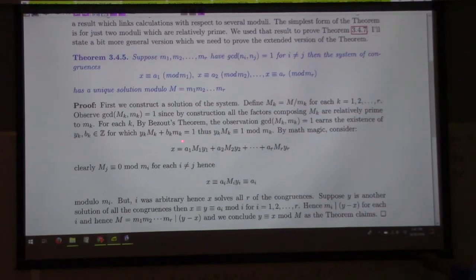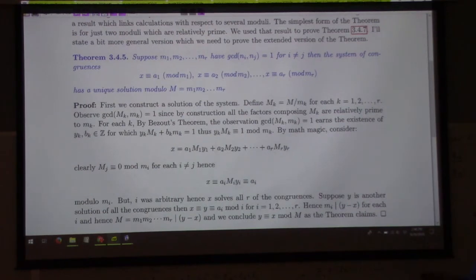So when I look at this, mod any modulus except for the kth, this one will be 0. The only one it's non-zero for is mod m sub k. If I look at mod m sub j for j different from k, all of this dies by construction.